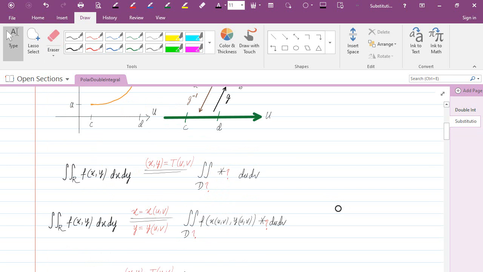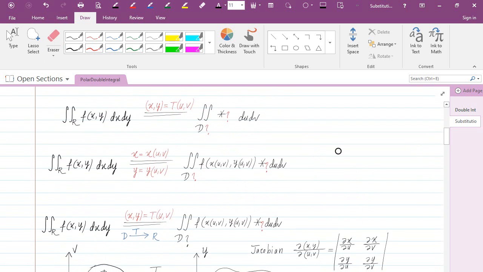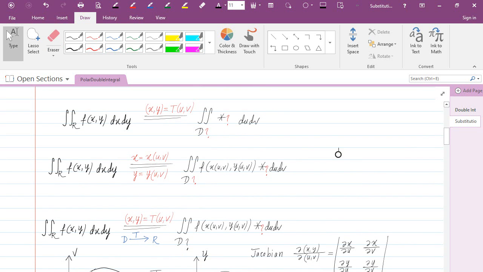So now recall that we asked the following question. We now want to look at the change of variables formula for double integrals.